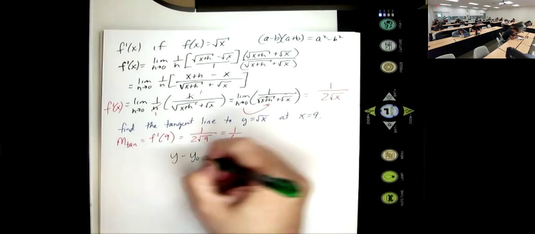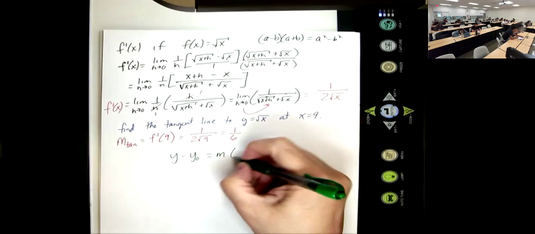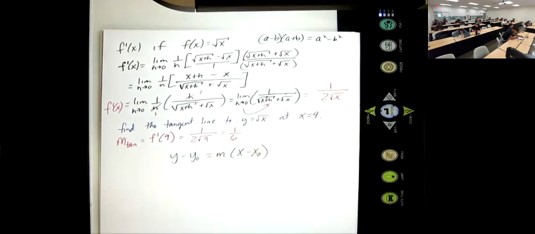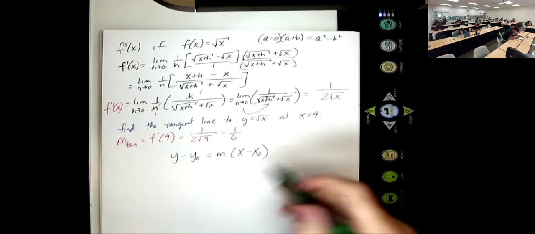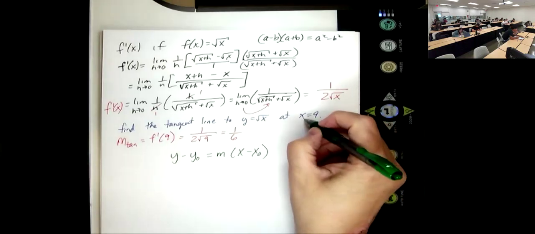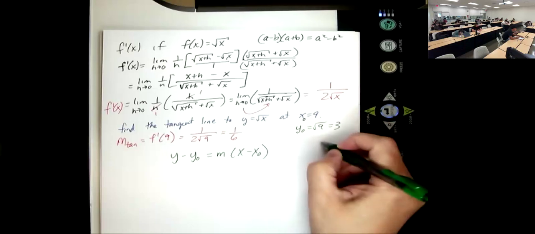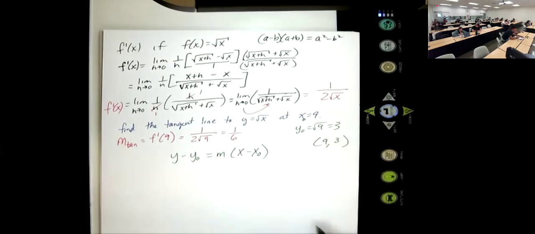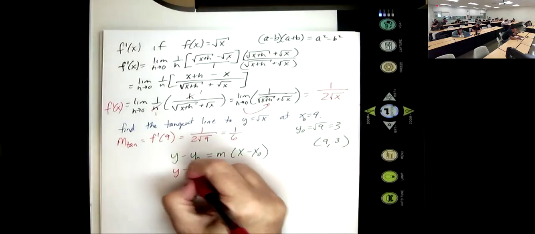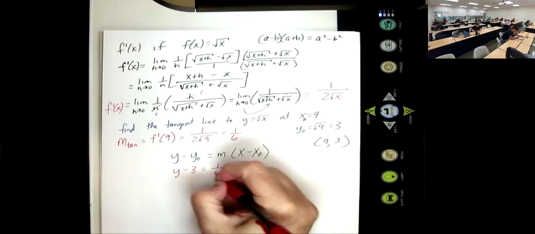And we're doing y minus y naught equals m times x minus x naught. What is y naught? If this is like our x naught, y naught's going to be square root of 9, which is 3. We're looking at the point (9, 3). So y minus 3 equals 1/6 times x minus 9.